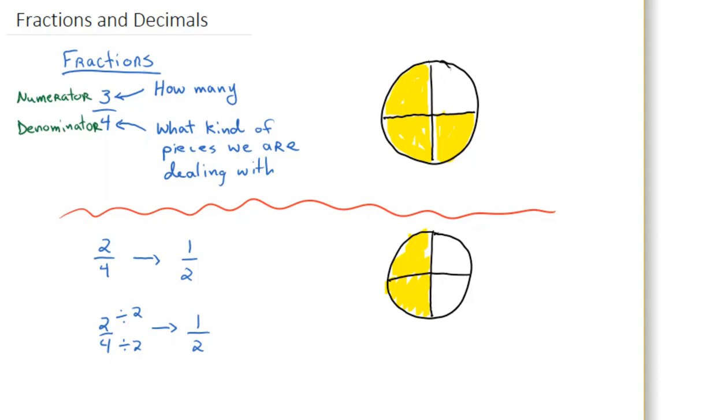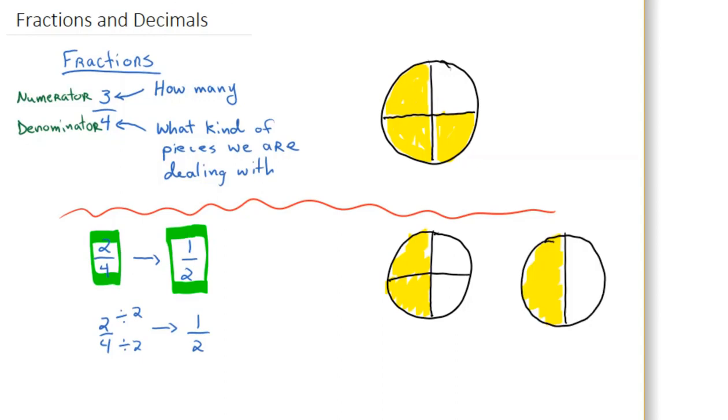These 2 fractions, 2/4 and 1/2, we say are equivalent fractions. They're not exactly the same thing, because 1/2 is saying I have a pizza cut into 2 giant slices and I have 1 of those, and 2/4 is saying I have a pizza cut into 4 slices and I have 2 of those. In the end, we have the same amount of pizza, it's just divided up differently.